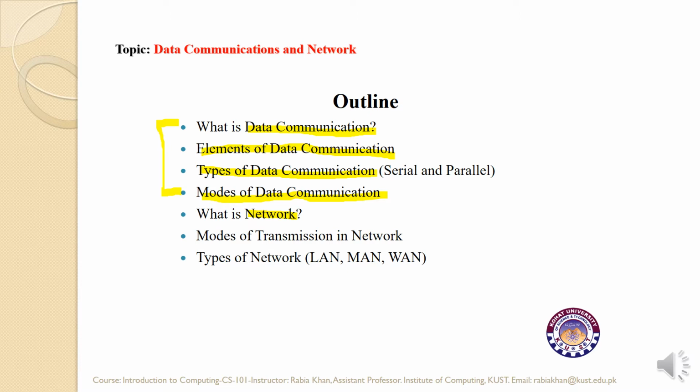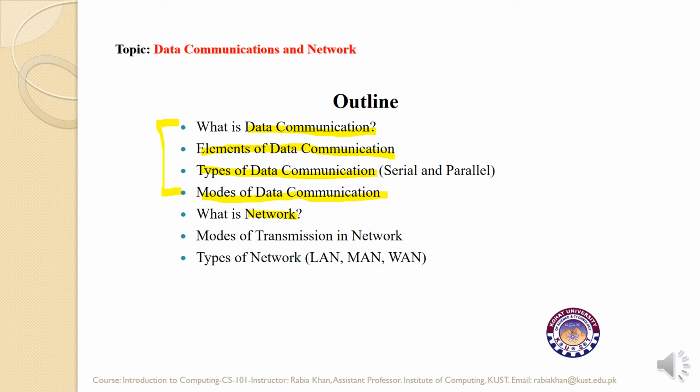Then we discussed different types of networks. Some are private networks and some are public networks. Public networks are accessible in public areas, while private networks are accessible to some limited specified area.